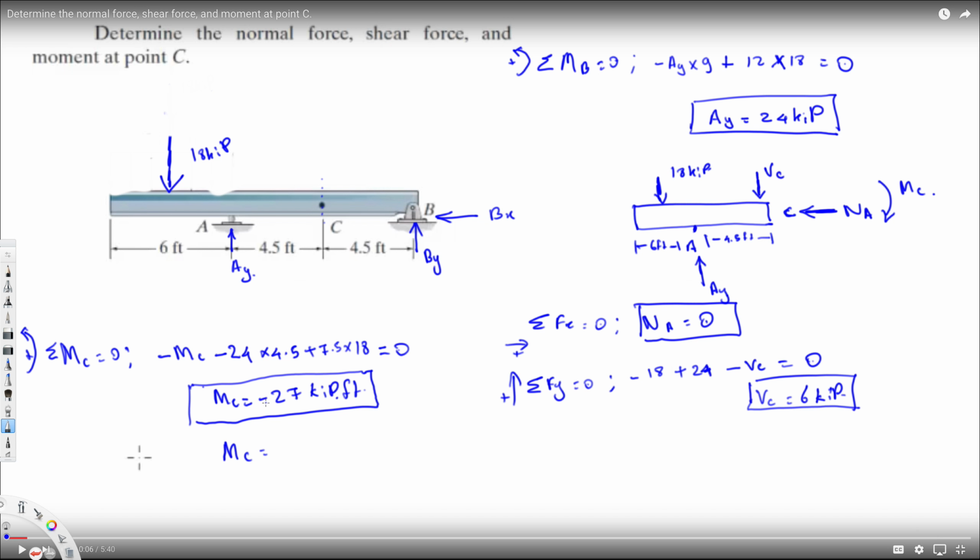If we put negative, it automatically represents that it's acting clockwise, or you can write it as positive and mention the direction. There are two ways to write this answer, so let's write it in two ways. This is acting clockwise, 27 kilopound-feet.